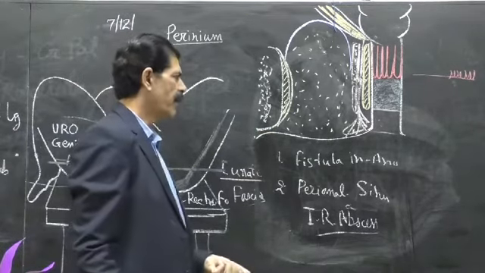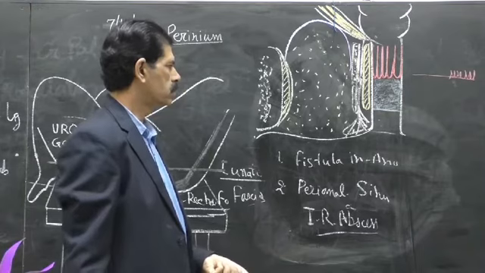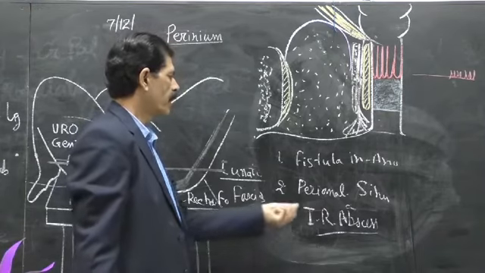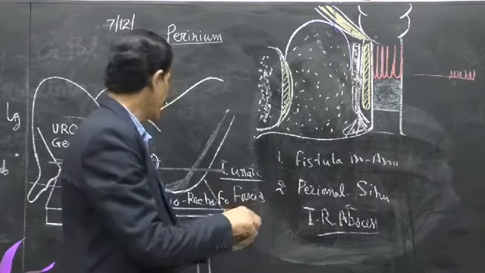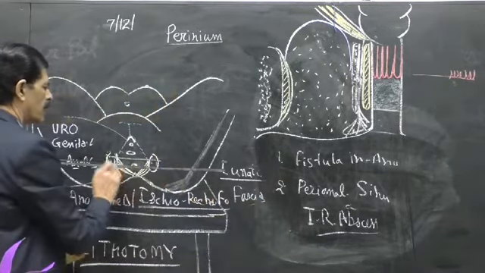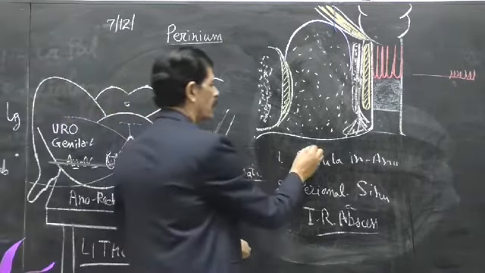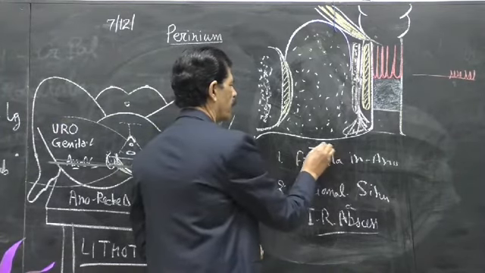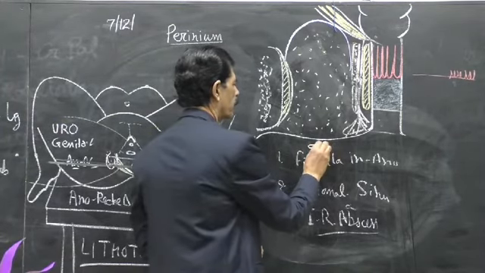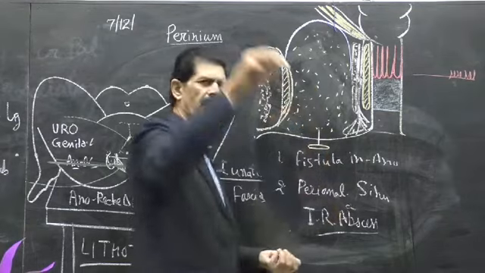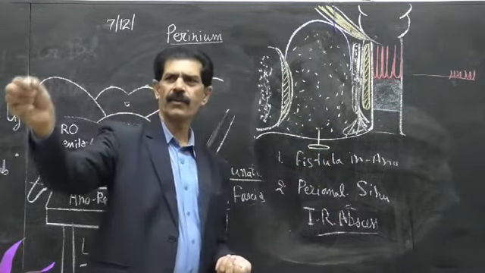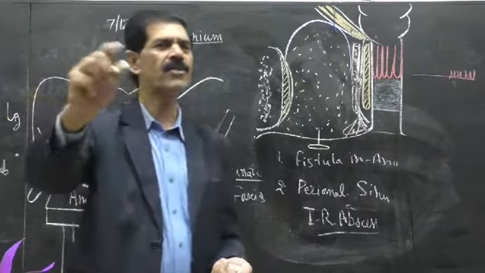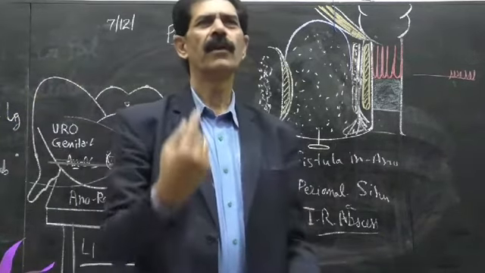So fistula in ano and ischiorectal abscess, what happens? Injury to the perianal skin is very common. If some drawing pin is put on your bench and you sit on it, around your anus, it will go inside.